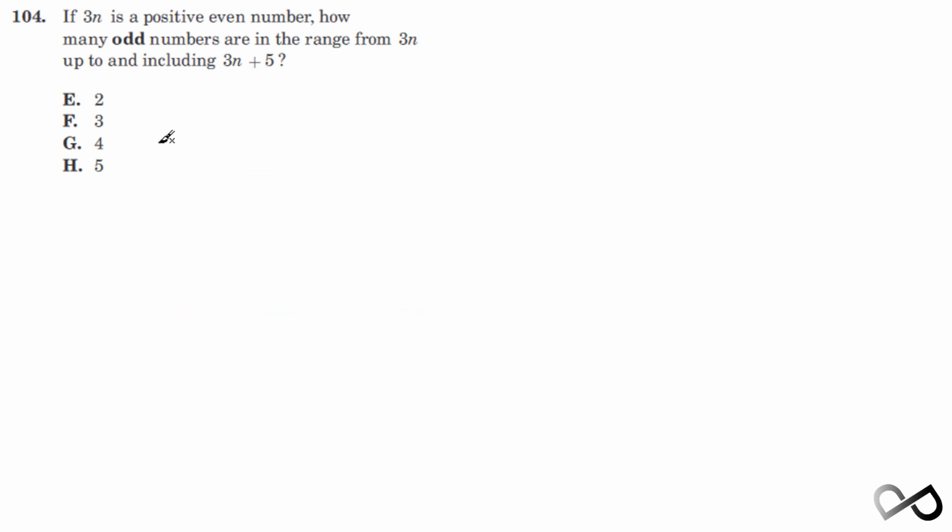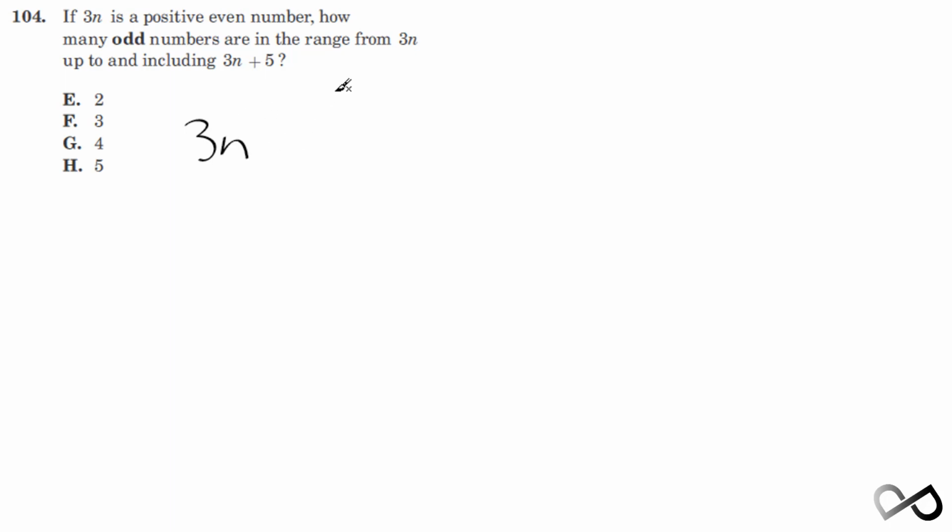Number 104. If 3n is a positive even number, how many odd numbers are in the range from 3n up to and including 3n plus 5? So let's list out these numbers actually, because it's a small enough number set.